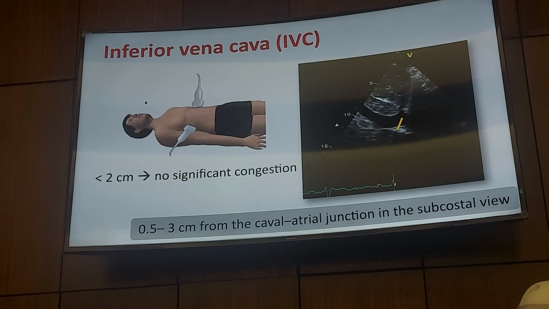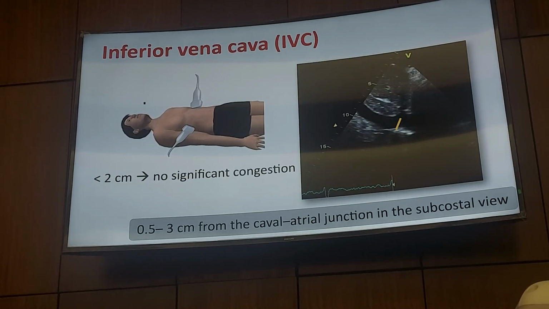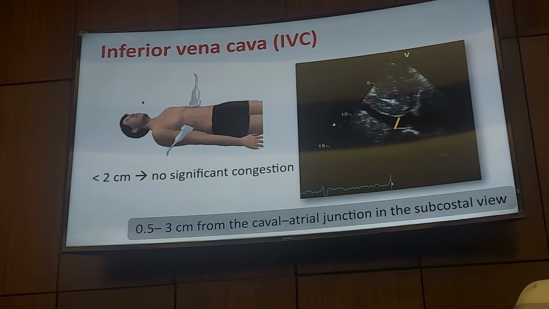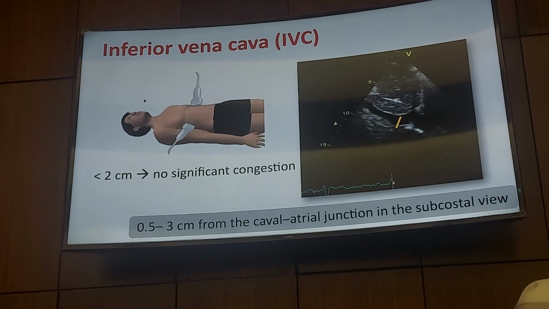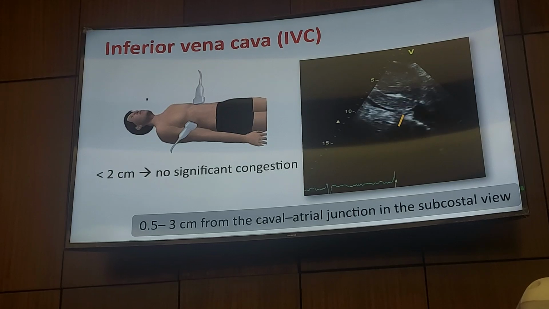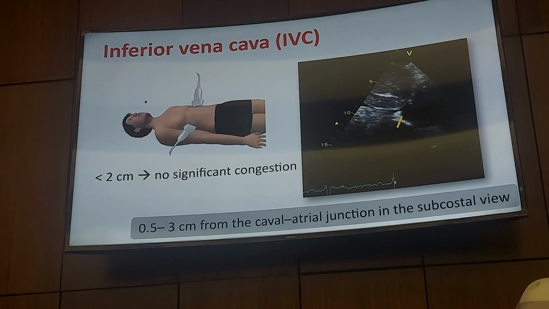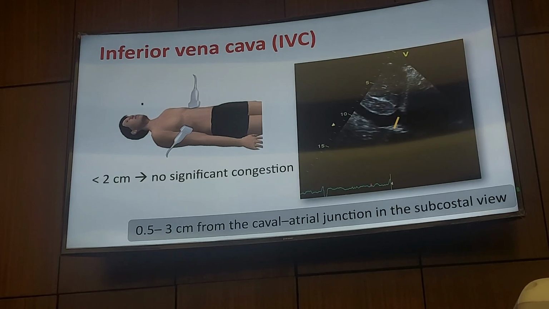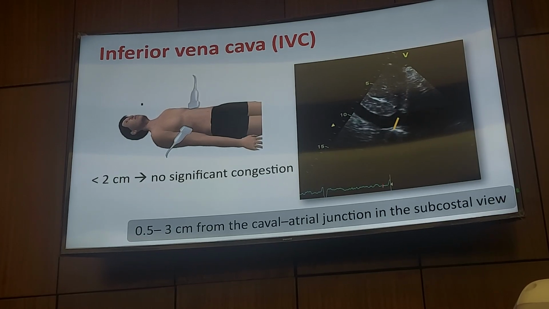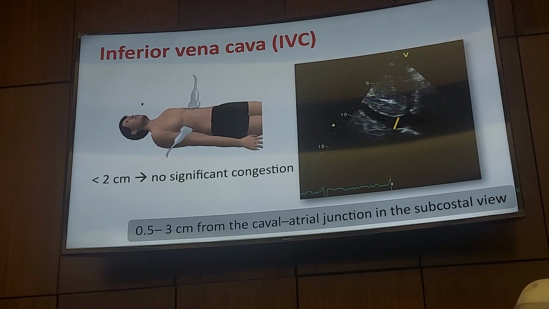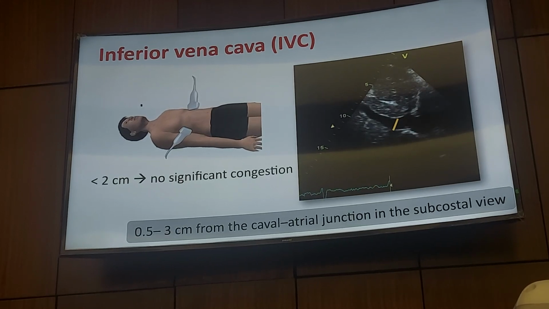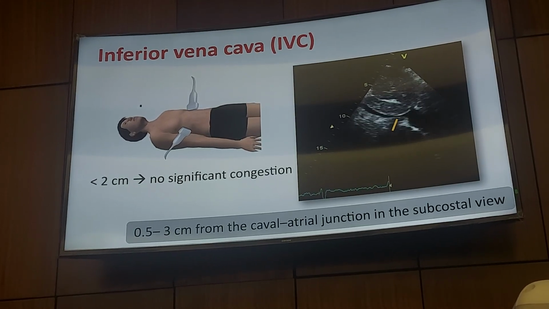And the recommendation as well is to measure the IVC in the short axis diameter, not in the long axis diameter. Because the IVC, when it's empty, is elliptical and not cylindrical. So if you do it in the long axis, you can overestimate the diameter. So the recommendation is once you get the IVC in the long axis, you rotate 90 degrees. Now the indicator will be towards the ceiling in a supine patient, and then you get the short axis, and then you get the diameter.